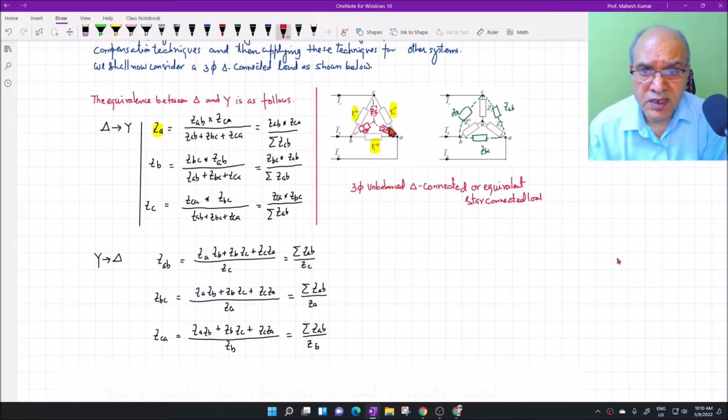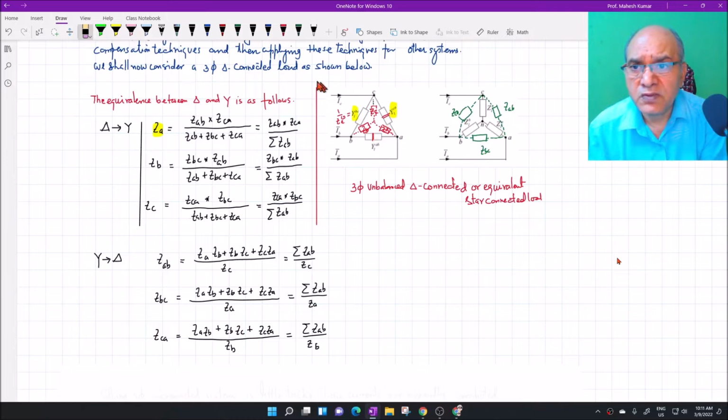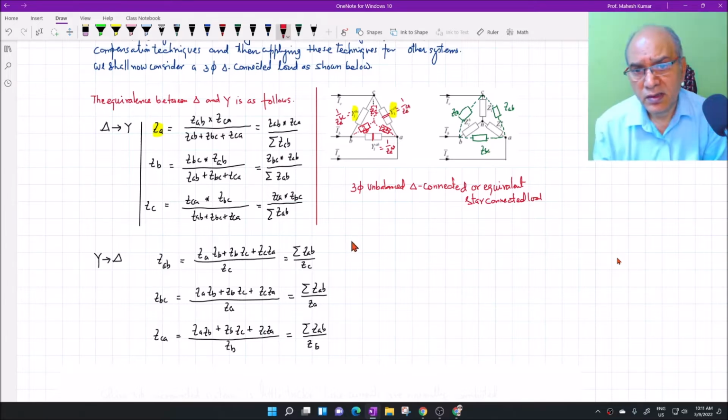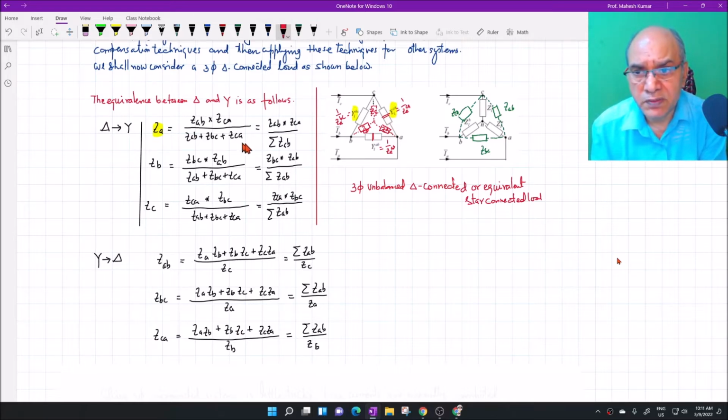If you want to find out this impedance, multiply these two branches adjacent to it, but in terms of impedance, not admittance. So this is ZLAB, this is ZLBC, and this is ZLCA. Then ZA equals the multiplication of these two branches divided by the sum of the impedances, that is ZAB plus ZBC plus ZCA.